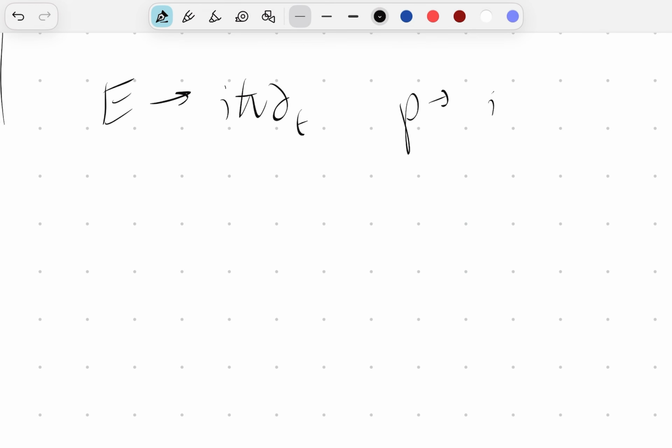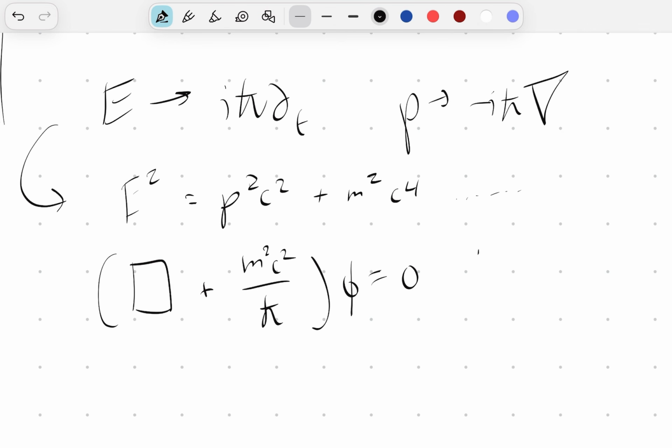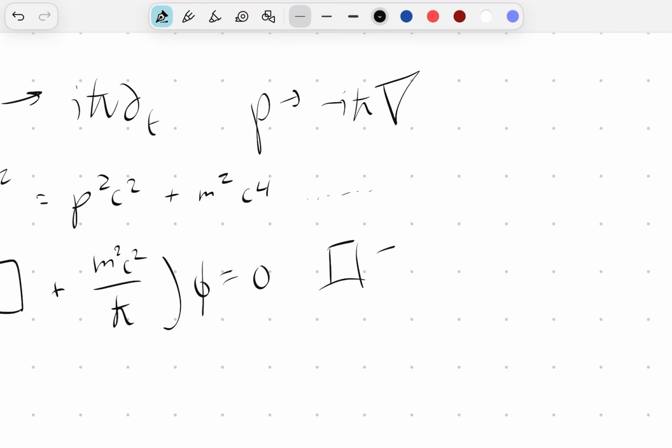The momentum vector just becomes minus i h bar nabla, and we just substitute this into the relativistic dispersion relation here, where we have p c squared plus m squared c to the fourth, and then you would obtain something called the Klein-Gordon equation by substituting in everything. All right, where the D'Alembertian is defined as 1 over c squared dt squared minus nabla squared.